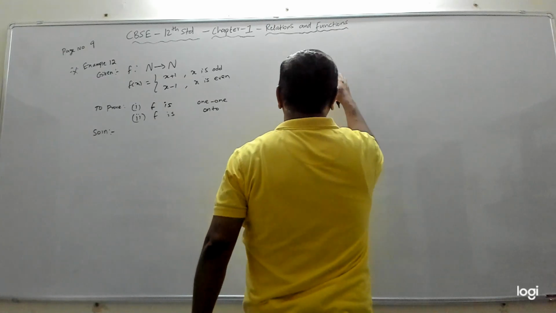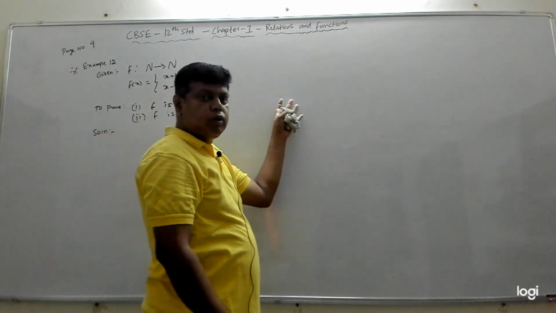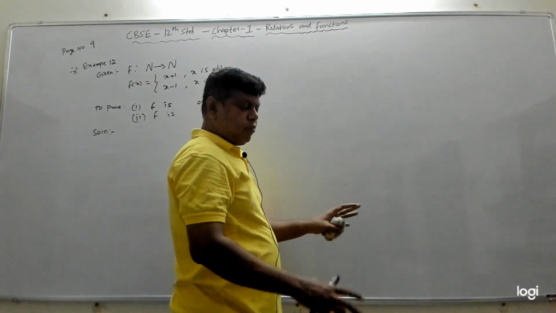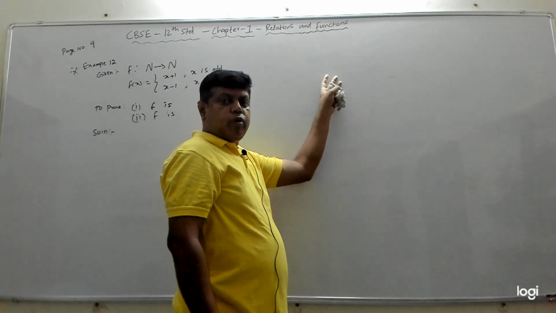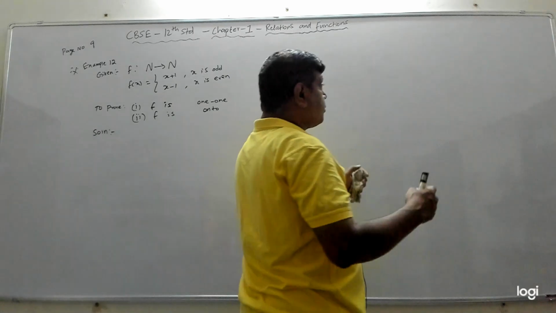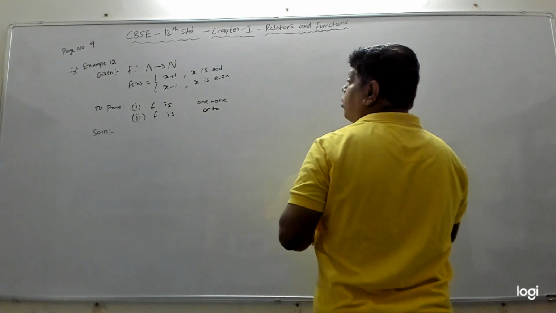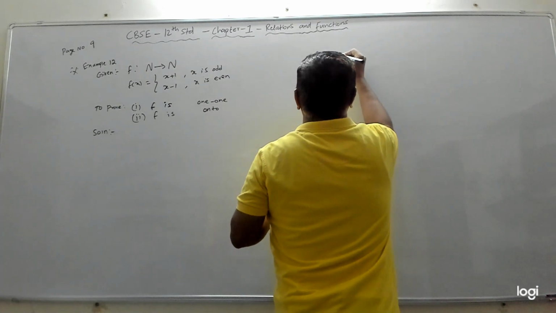Once you understand the problem, you need not draw this arrow diagram in the exam or any test. But if you are not comfortable, you can always draw it in a rough area to see whether it is one-to-one or onto or not. So I will draw this arrow diagram.